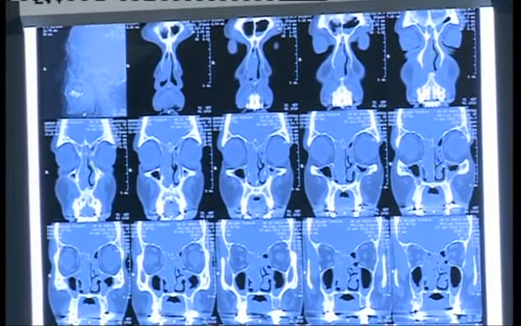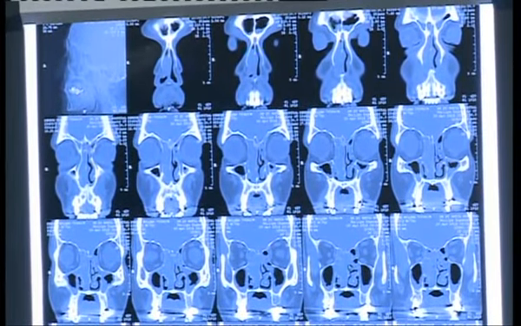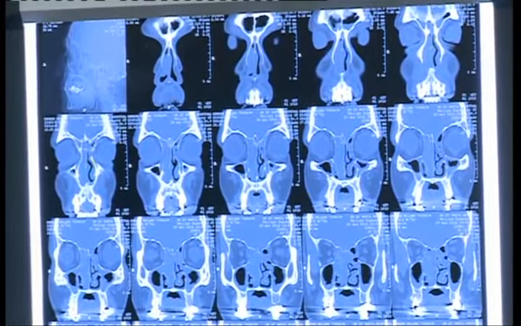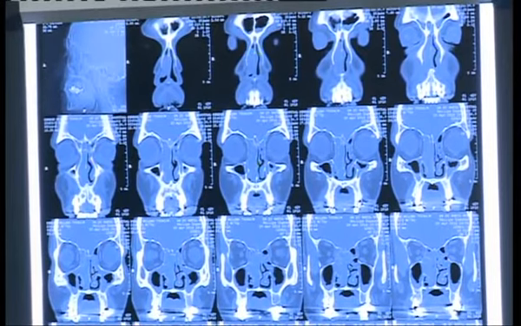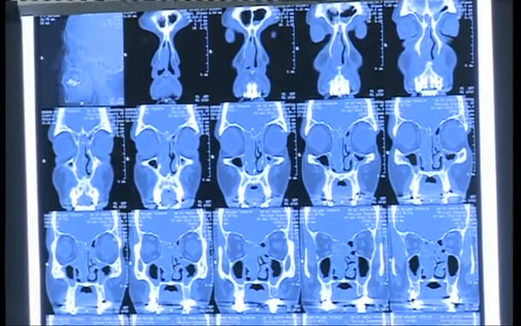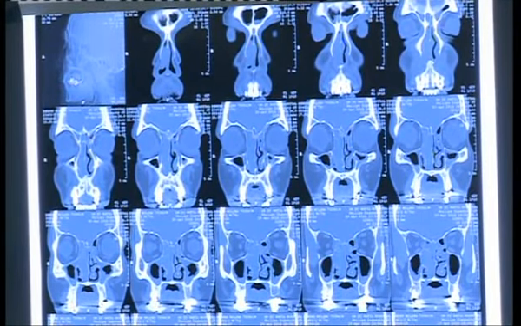For better soft tissue detail, of course, you need MRI. But in benign sinus inflammatory disease, you don't need MRI unless the disease is going beyond the confines of the paranasal sinuses, or you are suspecting some tumor, or sometimes you want to differentiate whether there is fungus or not. You can order MRI. Otherwise, it's not needed.